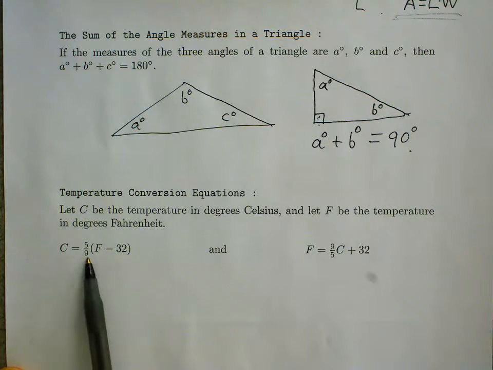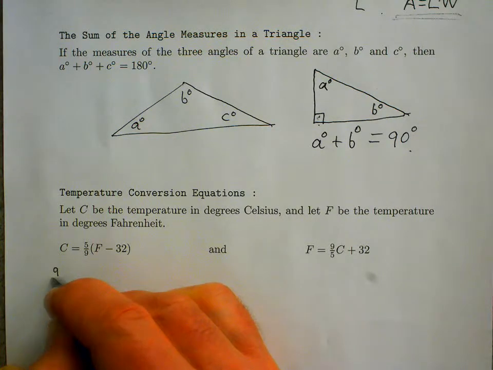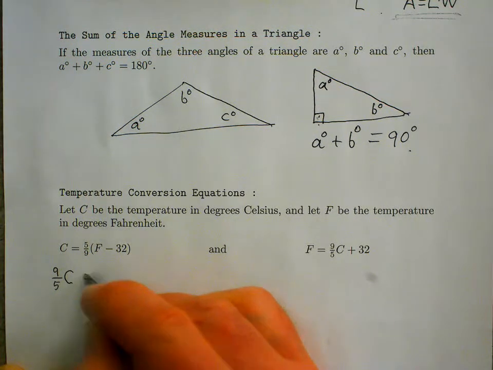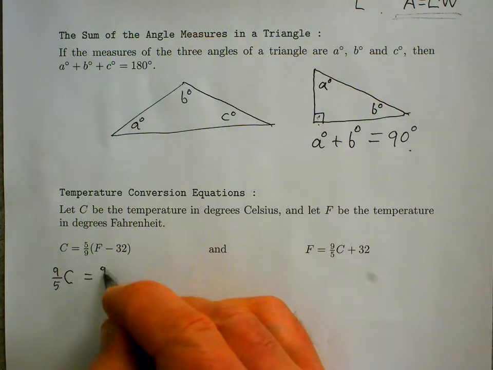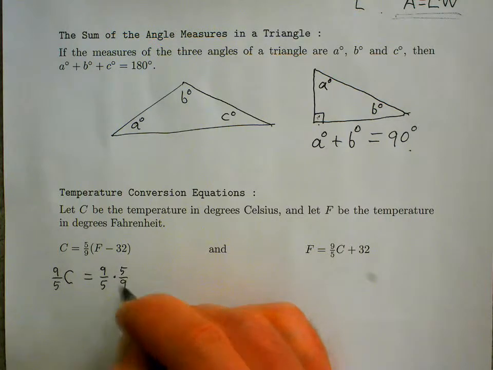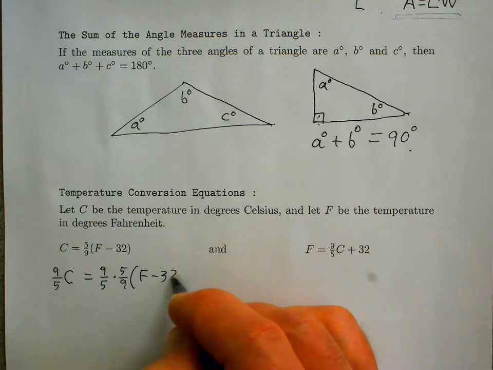The first step is to multiply both sides by the reciprocal of 5/9, which is 9/5. So I'll multiply the left-hand side by 9/5, so I get 9/5 C. And then I'll multiply the right-hand side by 9/5. I get 9/5 times 5/9 times the quantity F minus 32.